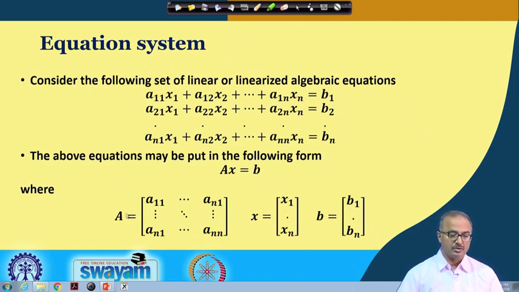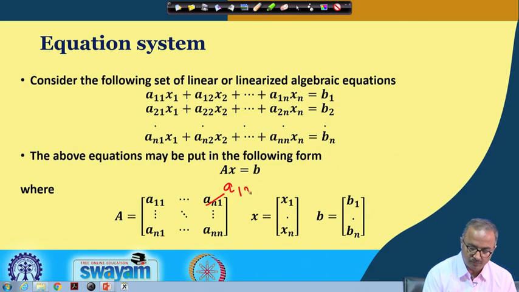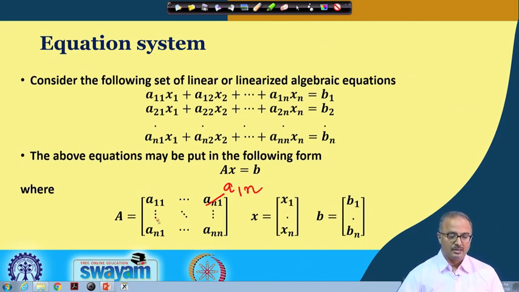A is represented like this: here we have a11 to a1n, then similarly a21 to a2n, and then an1 to ann. Then x is the vector x1 to xn, and b is another vector, b1 to bn. This is how we set up the model equations.